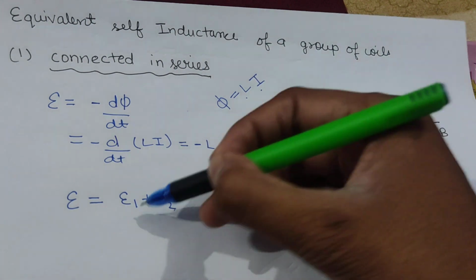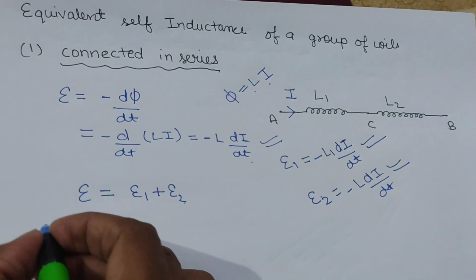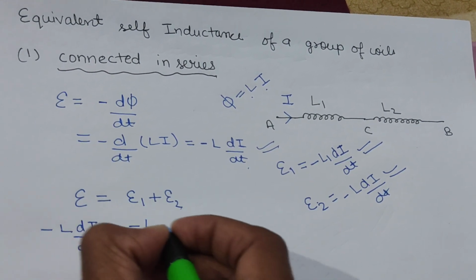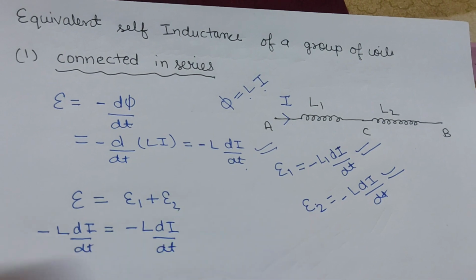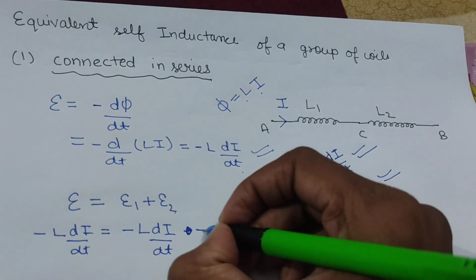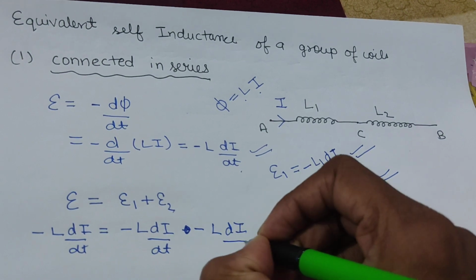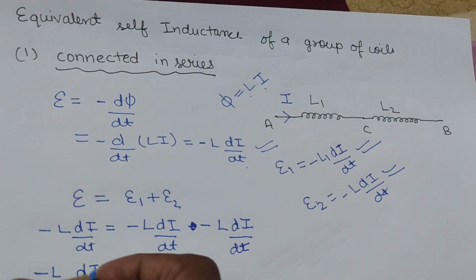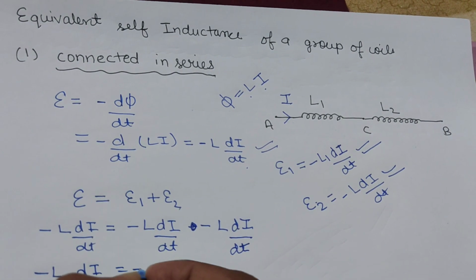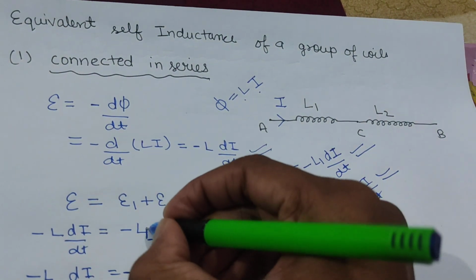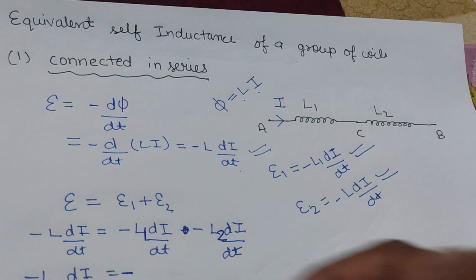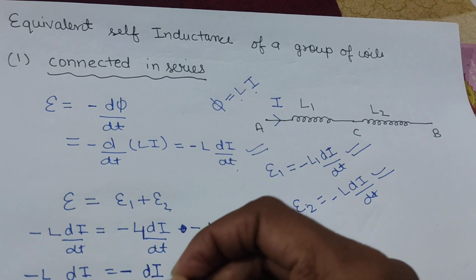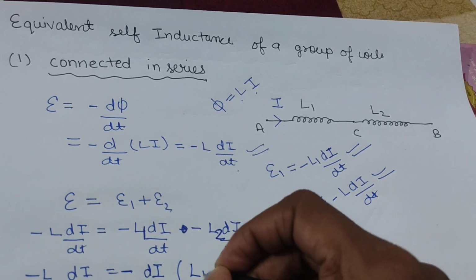Put the E1 and E2 values here and the E value here. So minus L di/dt equals minus L1 di/dt minus L2 di/dt. Now take the minus and di/dt as common, so it becomes L1 plus L2.